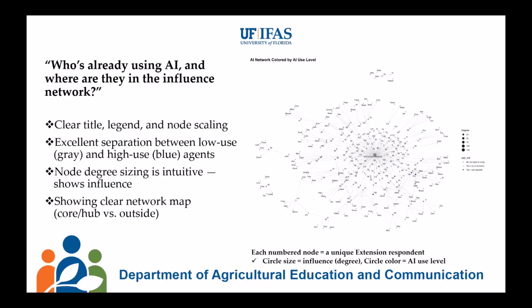So you won't see real names; everything is a pseudonym. But we want to make sure that AI adoption has a hub, surrounded by a good network. That's one of the findings in the social network.